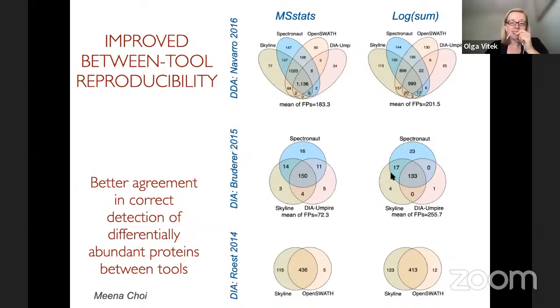So these are 3 data sets, but we've done quite a bit more, and we're yet to see a data set where this is not the case. So the conclusion from this part is that if we interpret the data more smartly and read between the lines, our conclusions become less dependent on the specific choice of the data processing tool that we use.